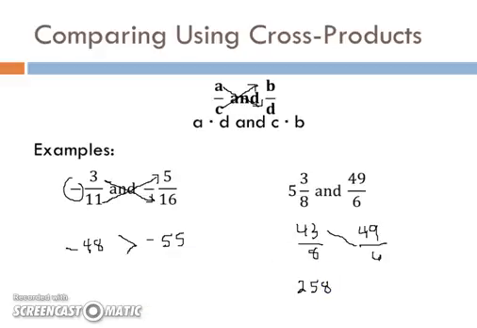And then 49 times 8, multiplying the other way, 392. So we would put our less than symbol in between these two. 258 is less than 392. So those are the three methods you can use for comparing rational numbers.